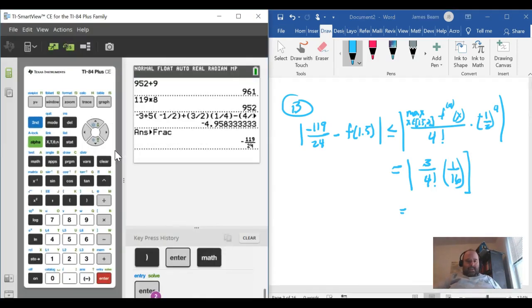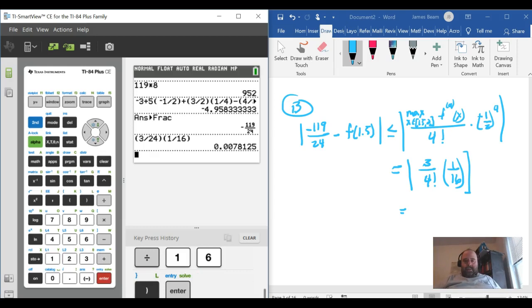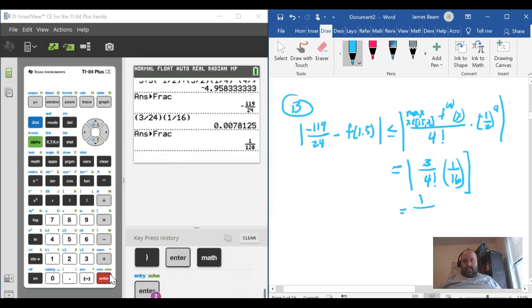So this is 3/24, times 1/16, which is going to give me, let's get this as a fraction, math, enter, 1 over 128.